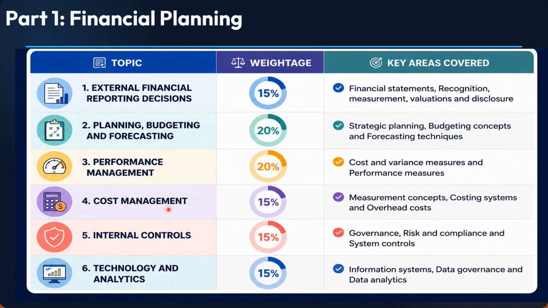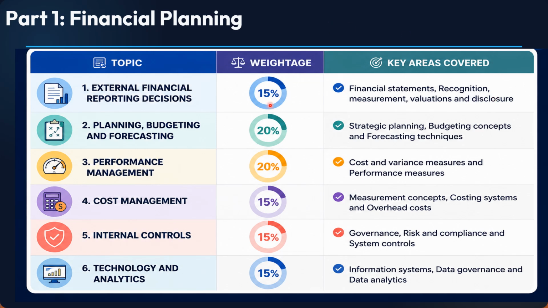Here I'm giving you the portion related to part 1, financial planning, analytics and control. External financial reporting decisions, the weightage given is 15% and the key areas covered are financial statements. All the basic financial statements will be covered here, and we'll be doing recognition, measurement, valuation and disclosure related to all the current assets, liabilities, long-term assets and long-term liabilities.